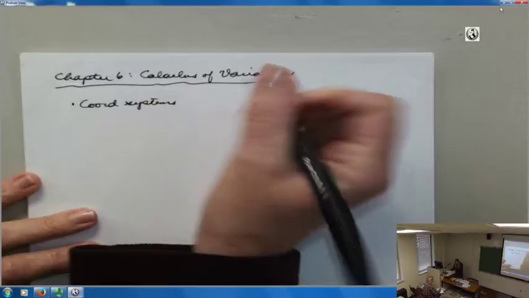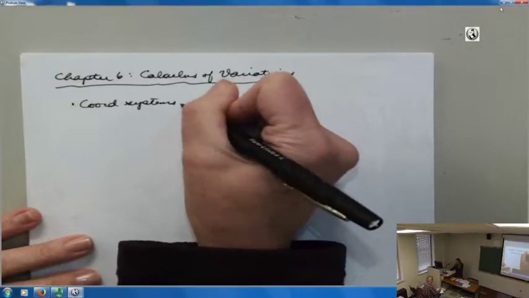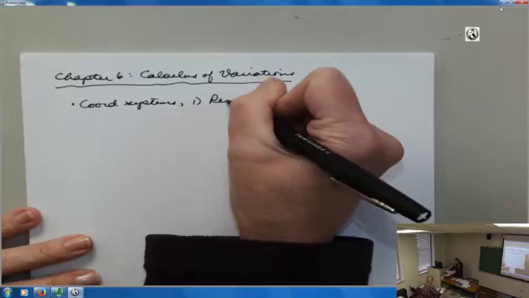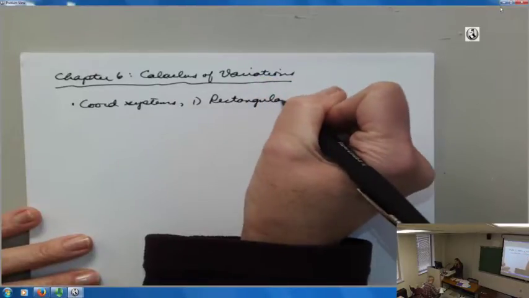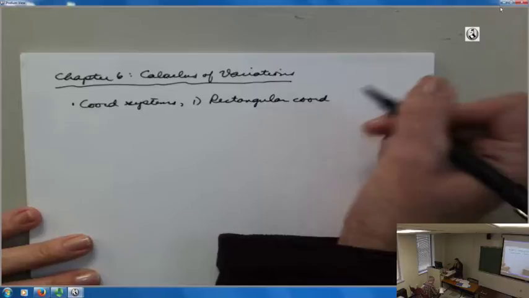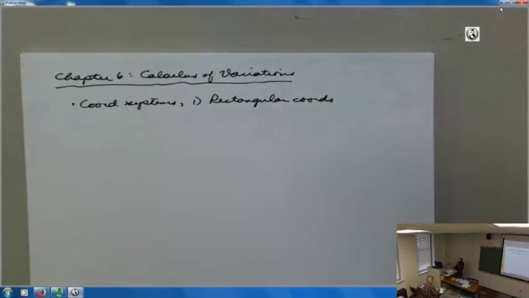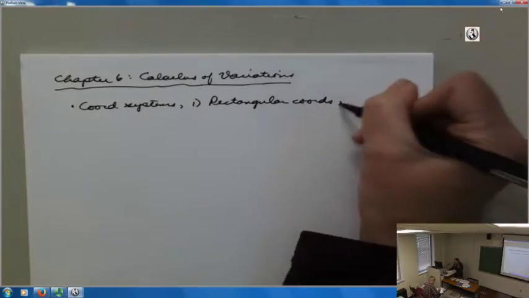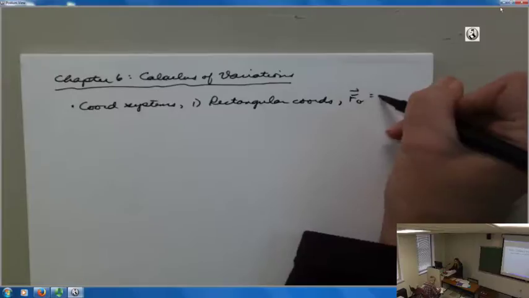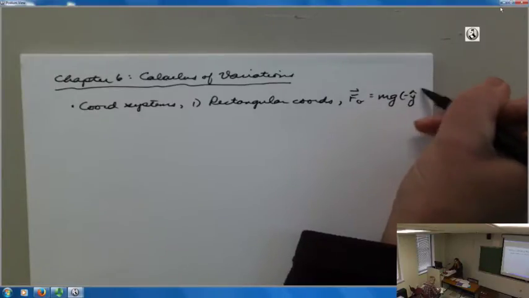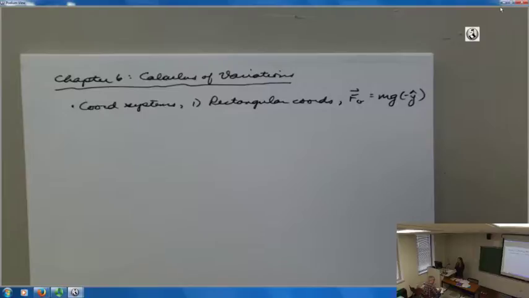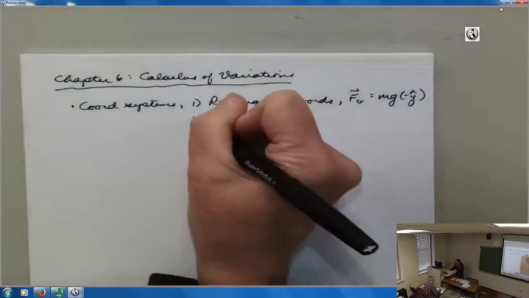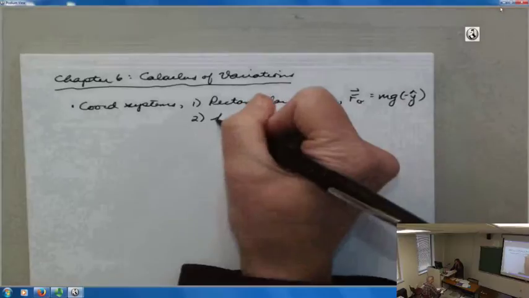As you know, we have different coordinate systems that we use for different things. We have the rectangular coordinate systems, and that can be a nice system to work in if, let's say, you're going to use this room as your frame of reference, because in that case the gravitational force would just be mg in the minus y hat direction. So we could use that piece of information. But then we also have the spherical coordinate system.